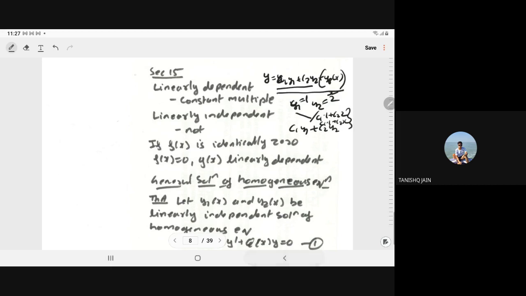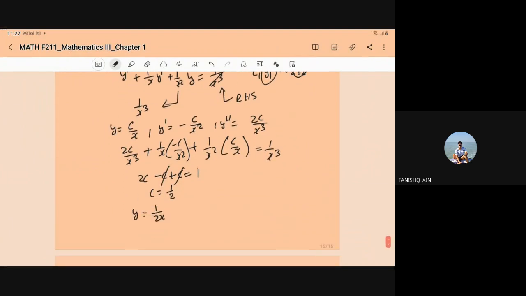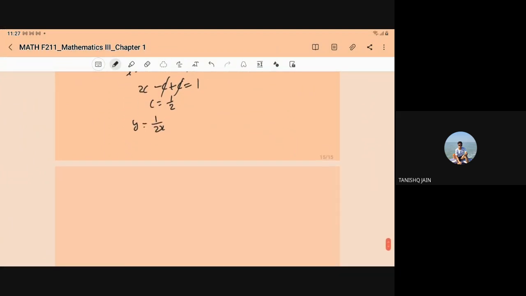So for that we have the most important theorem, right? Here we will study the most important theorem, Theorem A. Before that, we have two important concepts: linearly dependent and linearly independent. So what is linearly dependent and what is linearly independent?